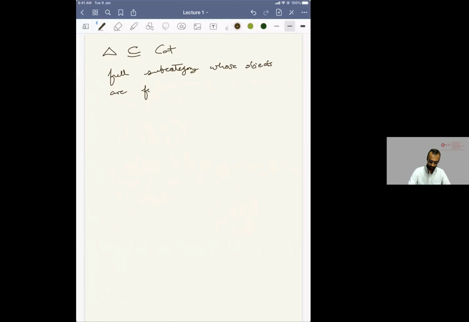So finite ordinals thought of as categories. So you have this full subcategory.